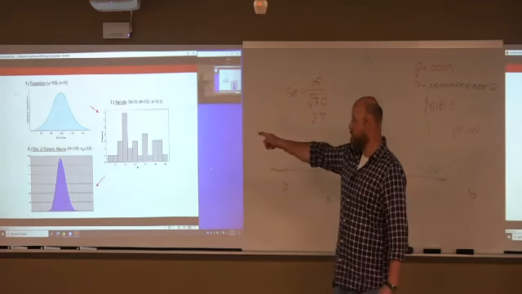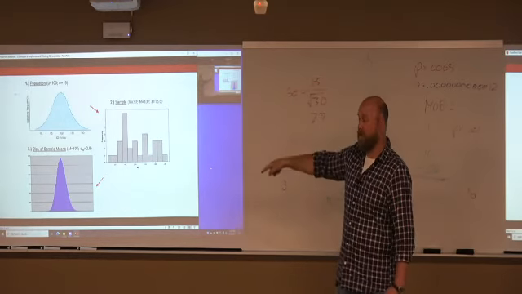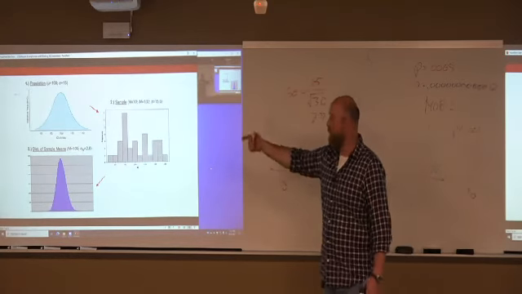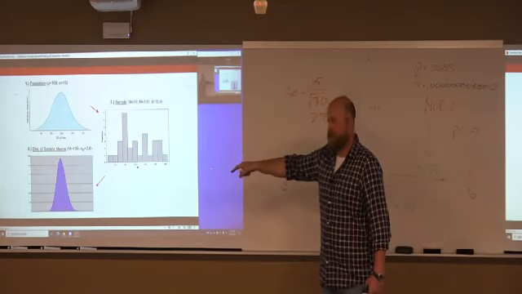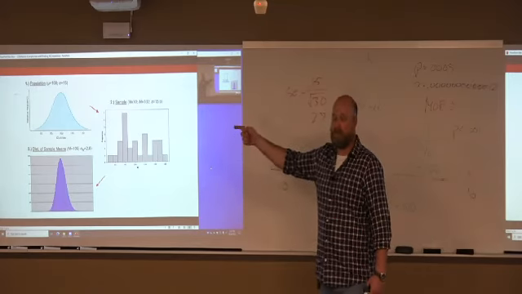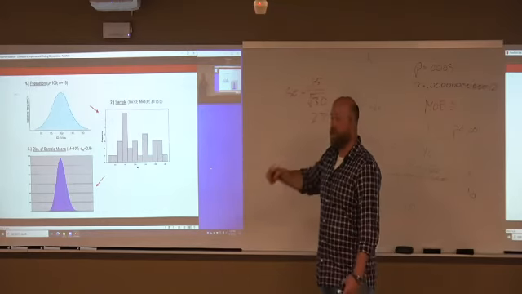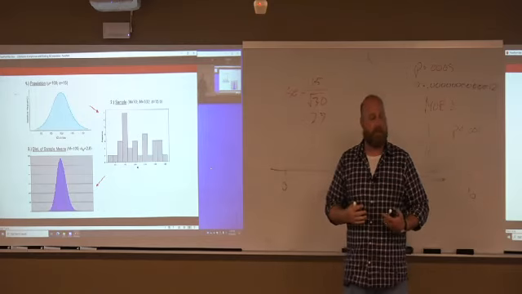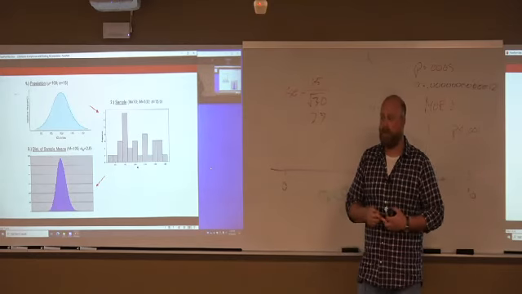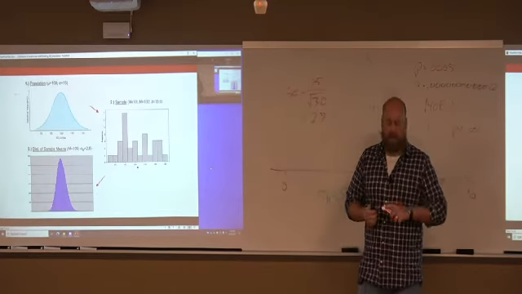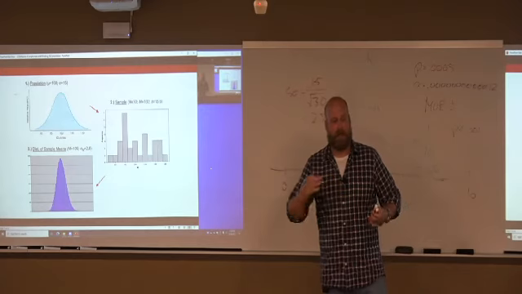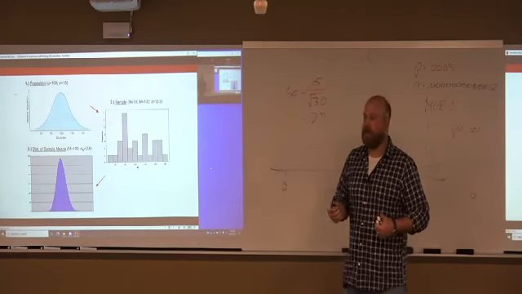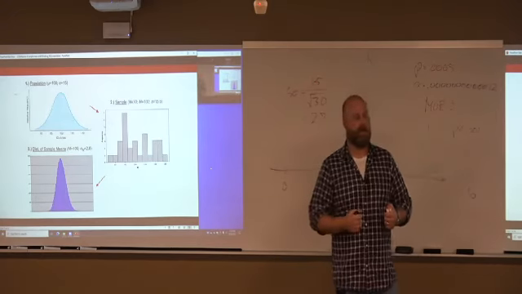The expected value of the mean for that distribution is going to be equal to the population mean. The standard deviation of that distribution is going to be equal to the population standard deviation divided by the square root of the sample size. Everything kind of locks into place here. Are people comfortable with these three distributions, what they look like and how they behave in theory if we're playing by all the rules?